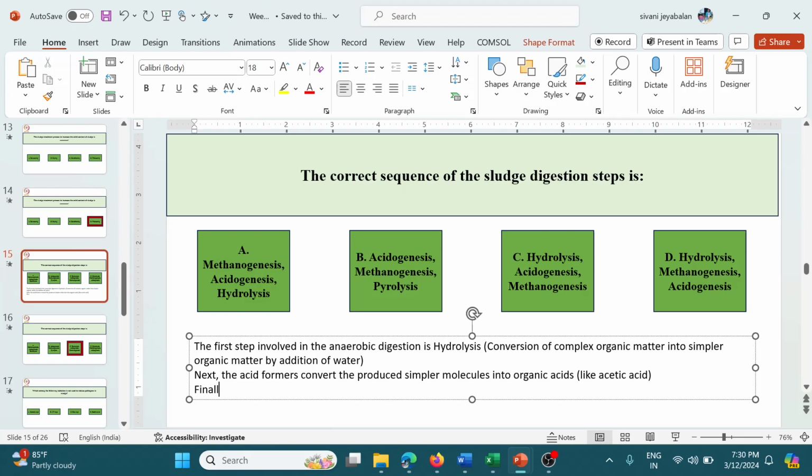Finally, the methanogens convert the acetate formed into methane.